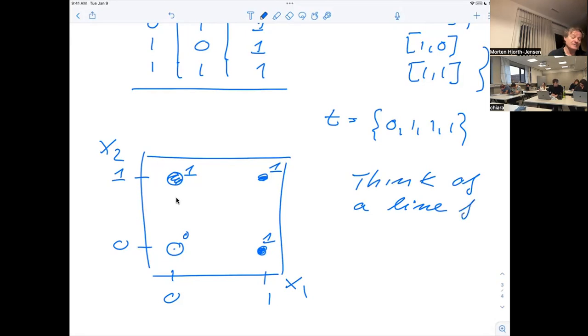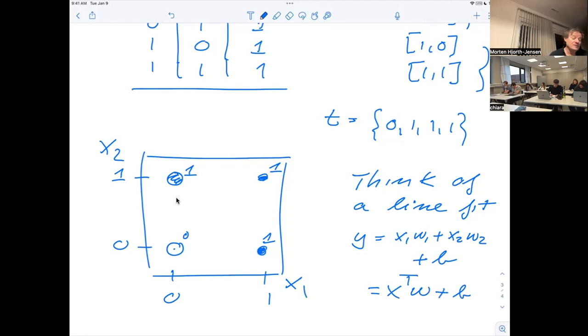So we make a model where we have y, which we obviously want to be equal to t, where we just have x1 times w1 plus x2 times w2 plus this b, which we call the bias, which is going to play the role of the intercept. And this is nothing but x transposed times w plus b.